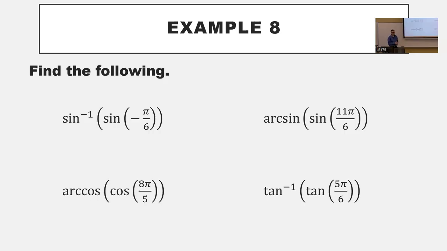I will just kind of talk through these and show the calculator on these. If you take sine inverse of sine of negative pi over 6, negative pi over 6 is between negative pi over 2 and positive pi over 2. So that's going to come back out as negative pi over 6. Does that make sense?